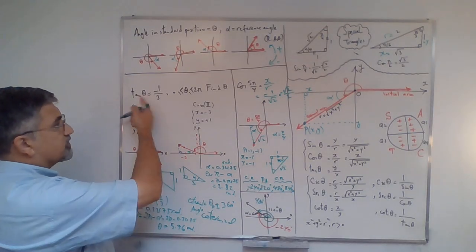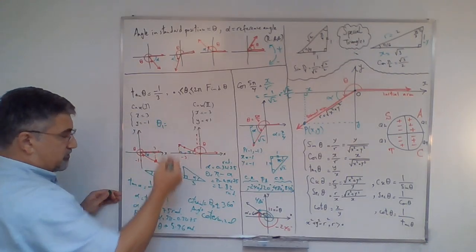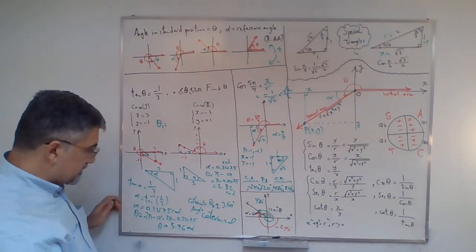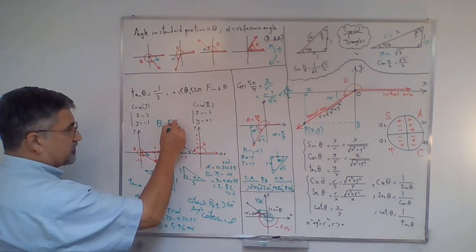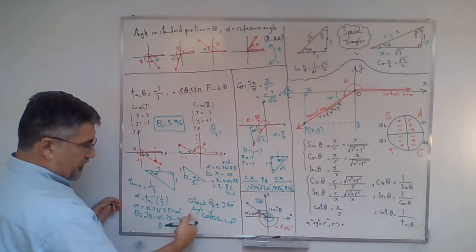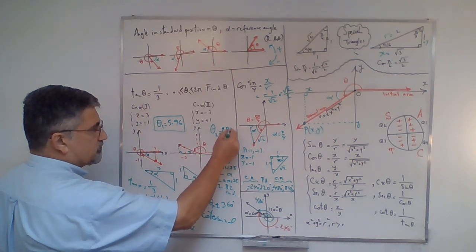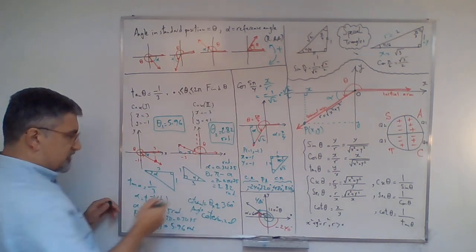So the question says find theta. The answer is theta sub 1, one possible answer, is 5.96 radian. And the other solution, theta sub 2, is 2.82 radian, and that is in the second quadrant.